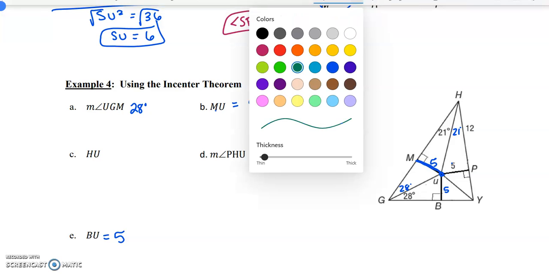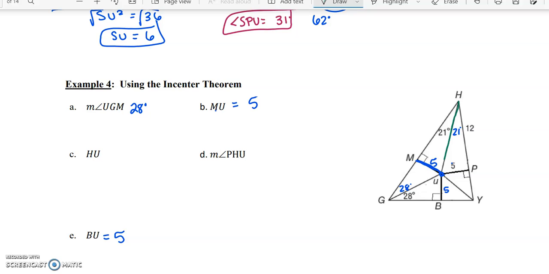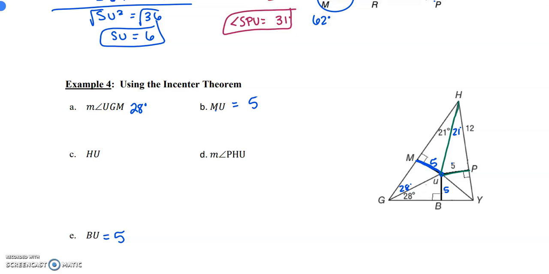HU is not 5. HU is this long segment right here. So we have one leg, we have the other leg, we're looking for the hypotenuse this time. So we do not know what C is, it's HU, but we do have the A and the B. So again, A squared plus B squared equals C squared, but we don't have C this time.